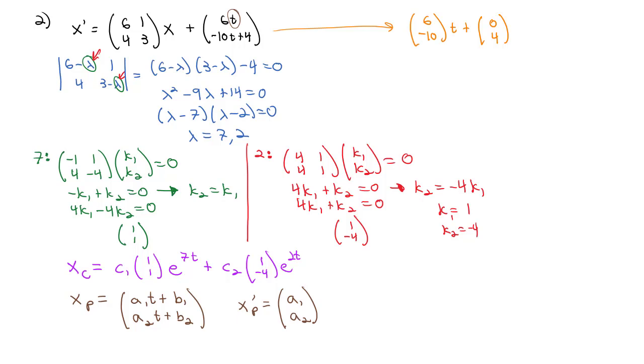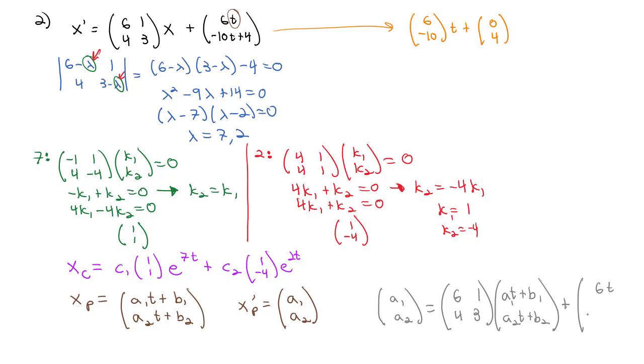And so when we plug it into our equation, we find out x prime is a1, a2 is equal to our coefficient matrix 6, 1, 4, 3 times our particular solution a1t plus b1, a2t plus b2, plus the 6t and negative 10t plus 4.